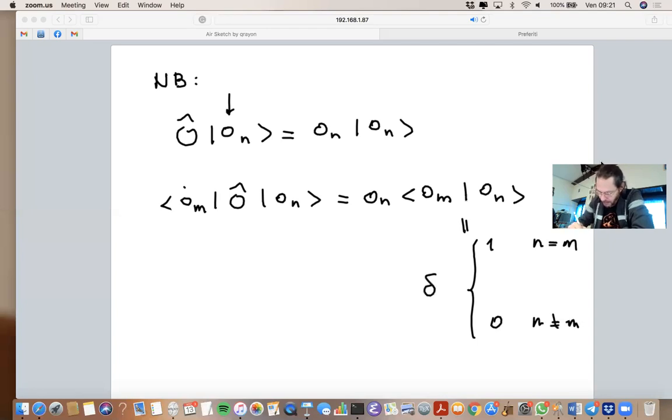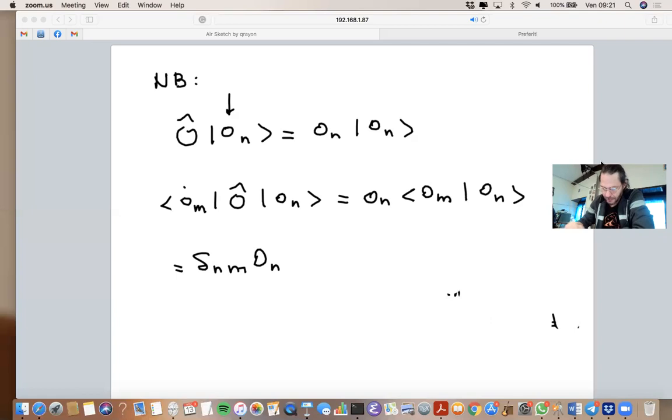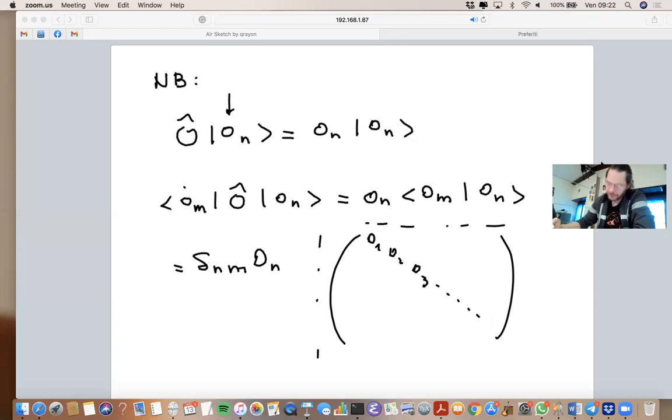This is called the Kronecker delta nm, and therefore this will be delta nm times o_n. And if I look at this as a matrix, this means that if I have infinitely many lines here and here, I only get elements in the diagonal.